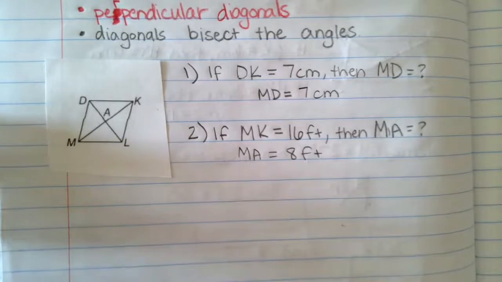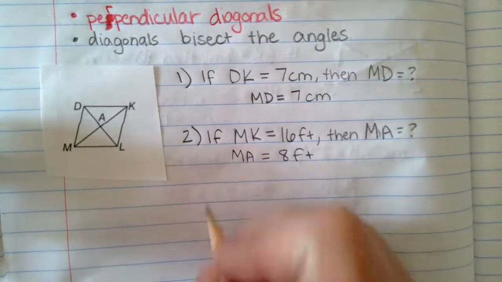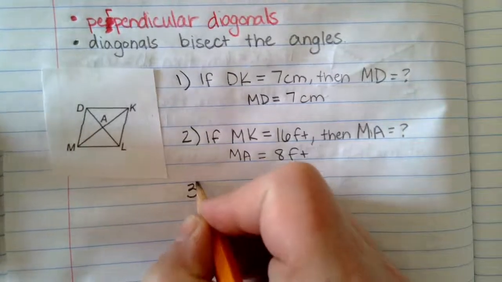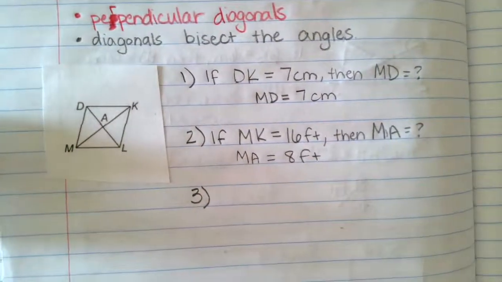All right, number 3. Last one on this one, and then we're going to glue in the next, and then we just have one little thing about squares that we just need to know.